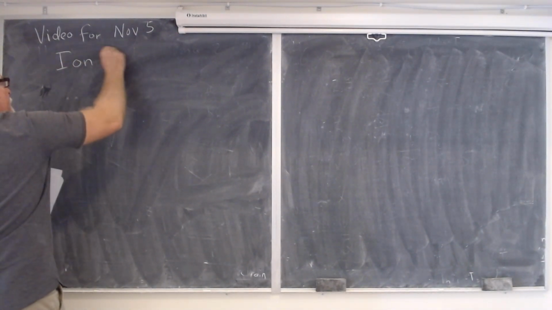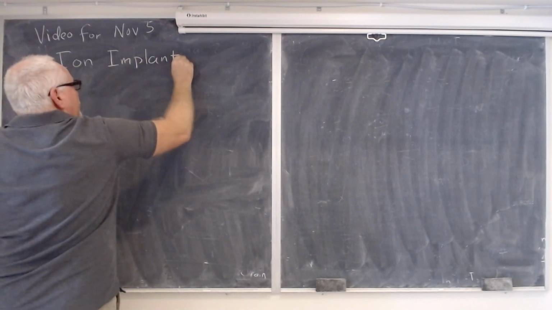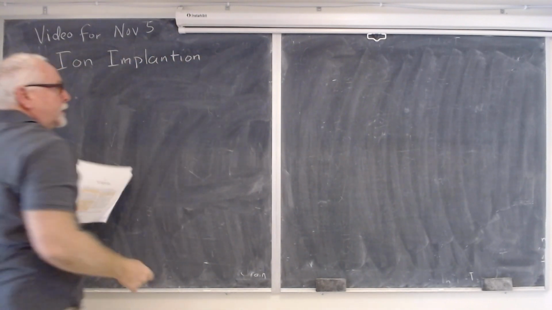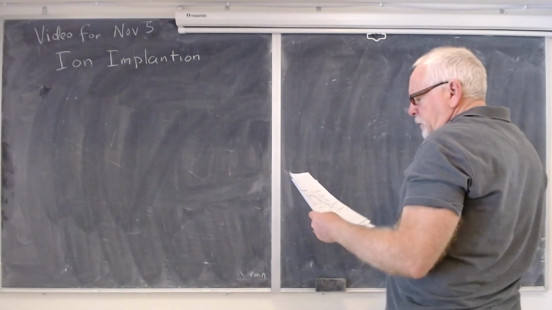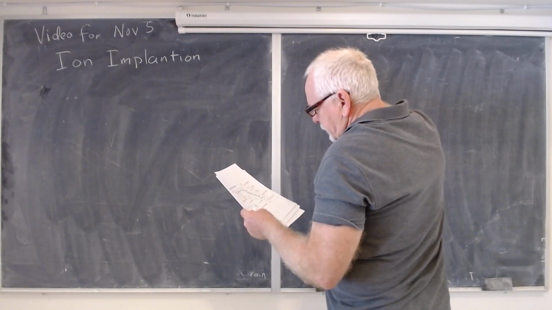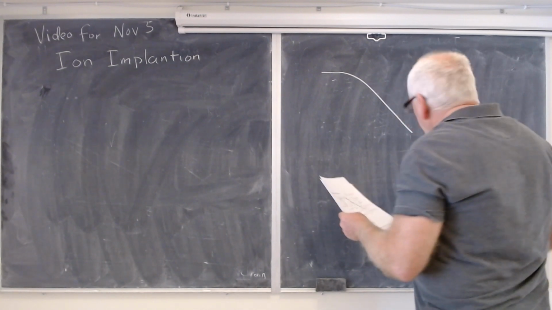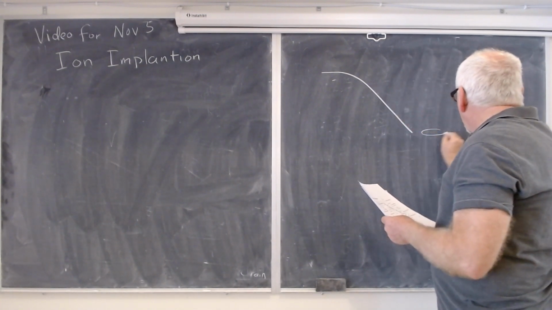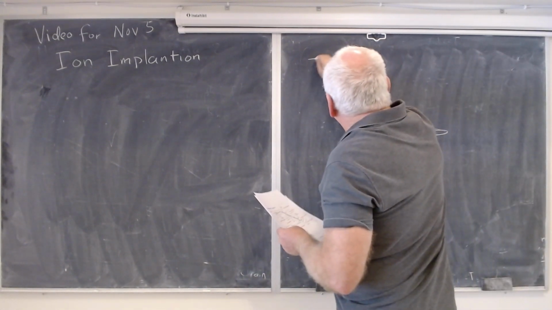Ion implantation is just what it sounds like. I'll draw a picture over here. I looked it up on the web. Basically, an ion implanter is kind of shaped like a curve like this. Your wafer is over here, and over here you have a gas inlet.